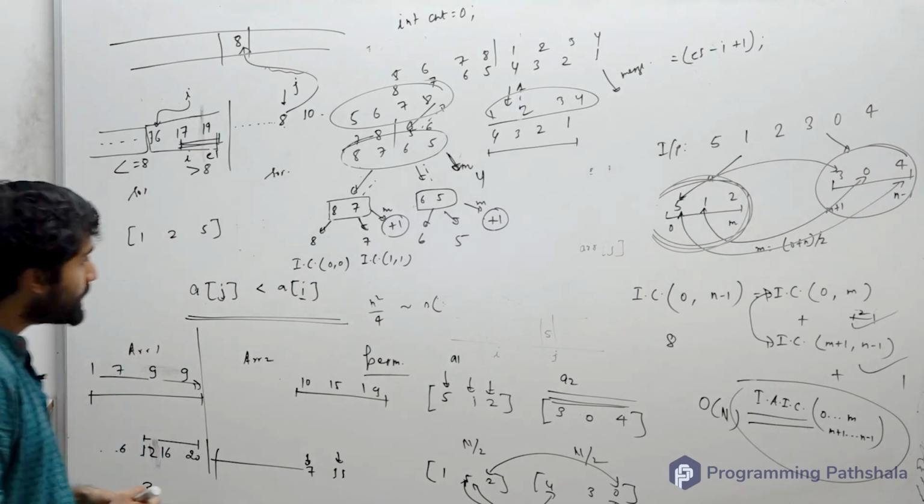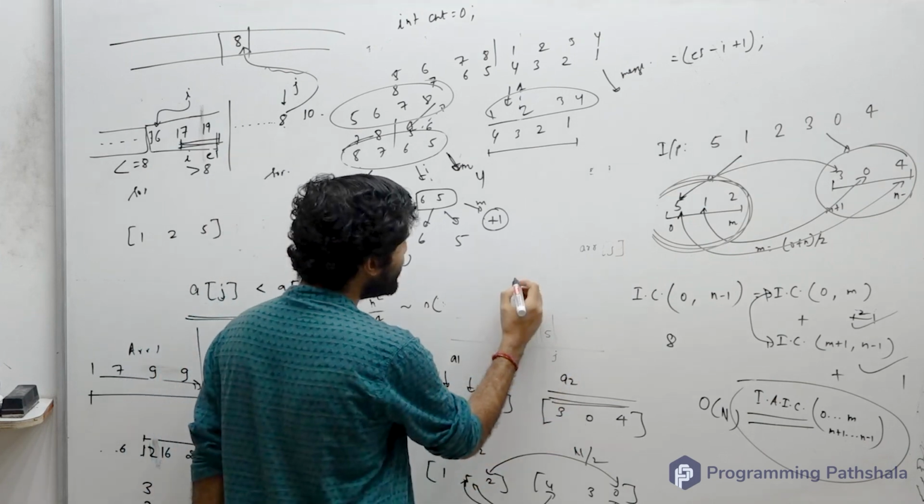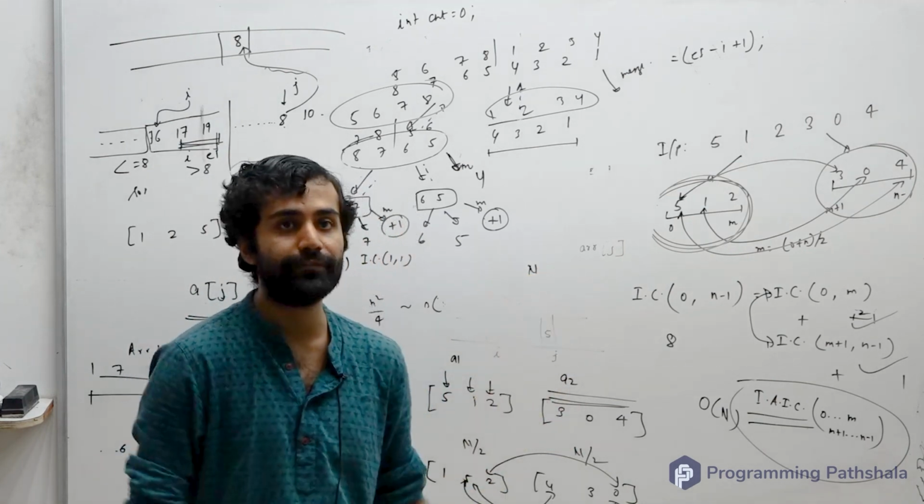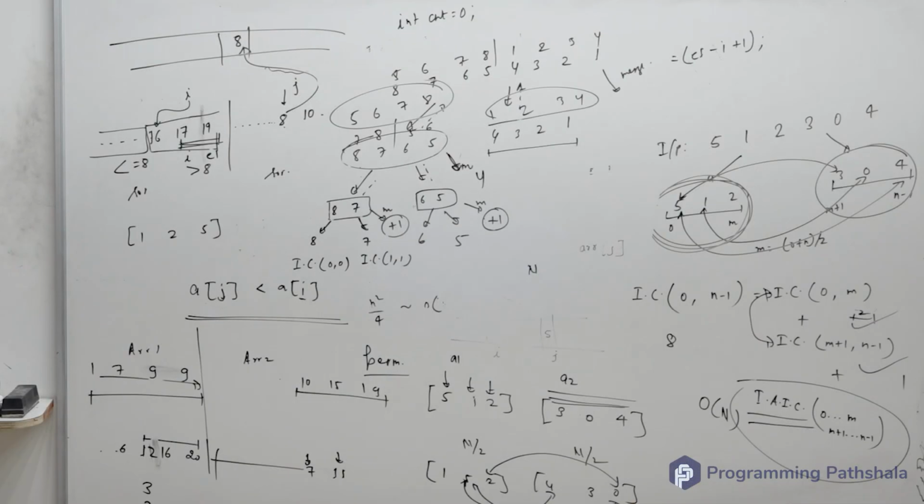Now this inversion count, can you tell me if an array is of size n, what can be the maximum value of inversion count? For which kind of array will inversion count have the highest value? When it is in strictly descending order. How many of you are able to make sense out of this?